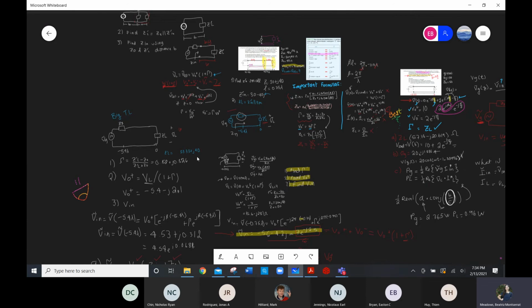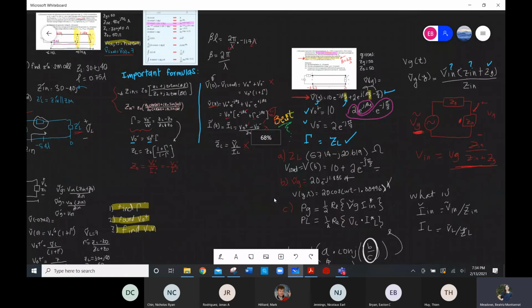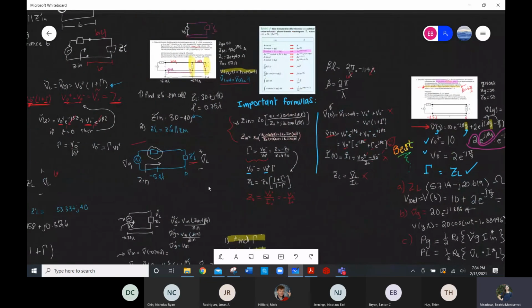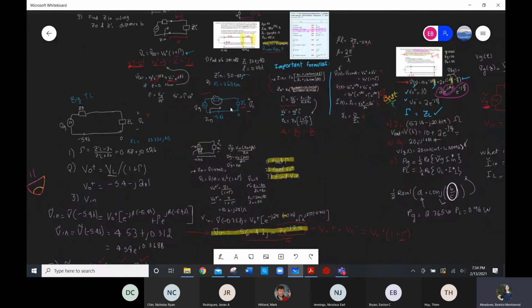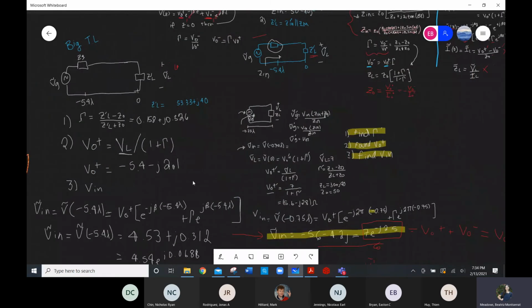In problem 1, he gave you just the voltage at any location. In problem 2, he gave us the load voltage. I don't know what they are going to do on Monday, but they might do a voltage at another location. But if he had given you BG, then you would have worked with the big transmission line first and then gone backwards.